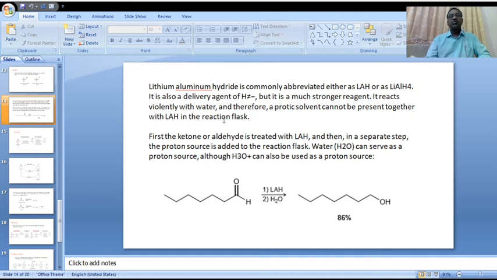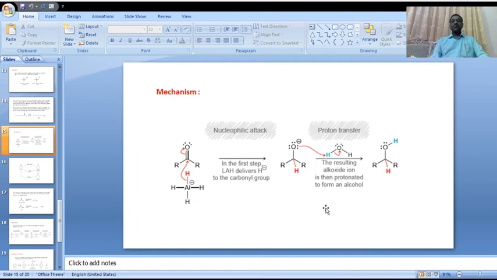It is a violent reaction, because of that we should use it carefully in the second step. It is a proton transfer step. This intermediate alkoxide ion abstracts a proton from the water molecule and is converted to alcohol.